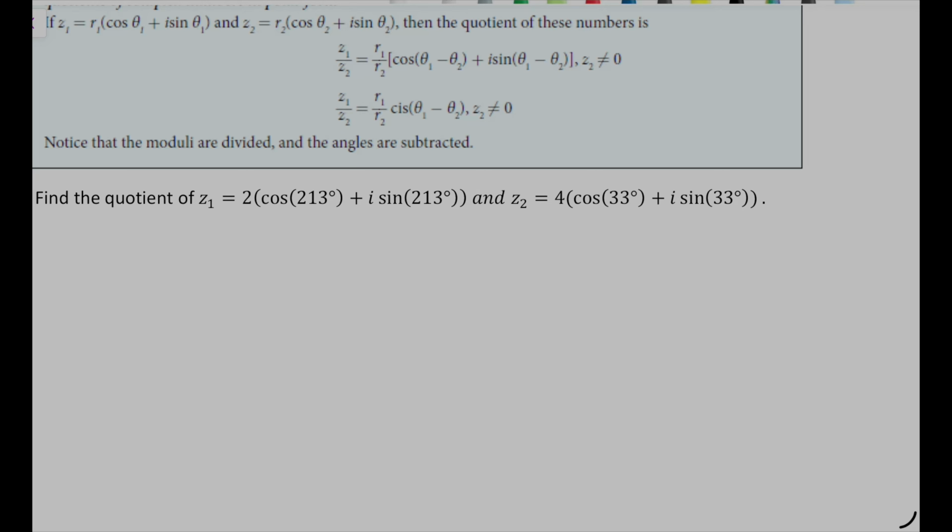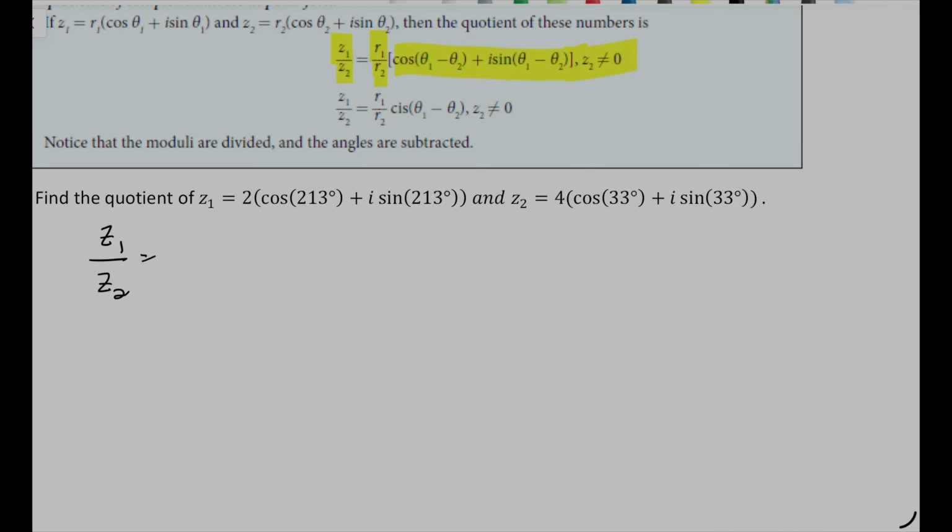When we divide two complex numbers, we divide the r's, and then we multiply by cosine of the two angles subtracted plus i sine of the two angles subtracted. And of course, this only works as long as your second complex number isn't 0, because if it is, you can't divide by it. All right, so doing that here, find the quotient. It's going to be z1 divided by z2.